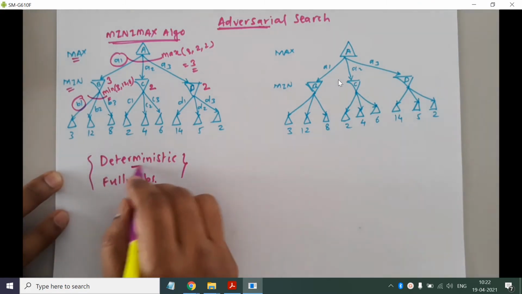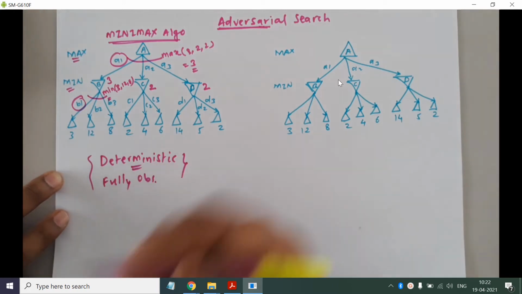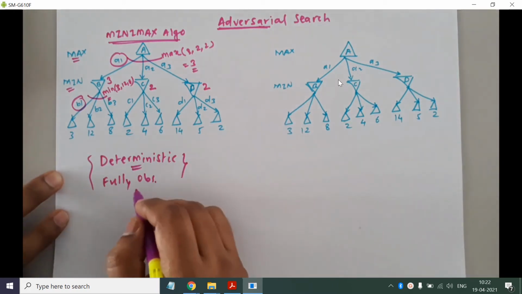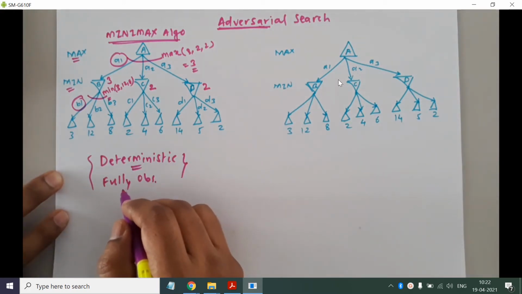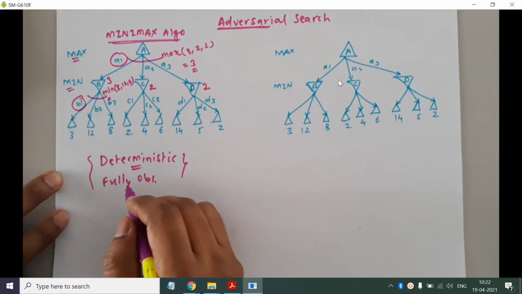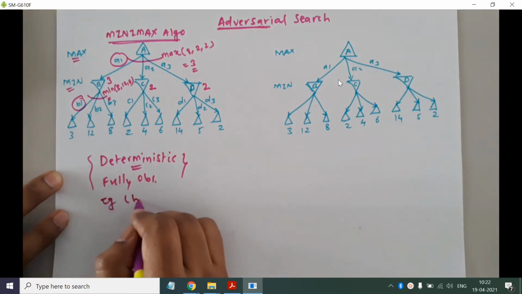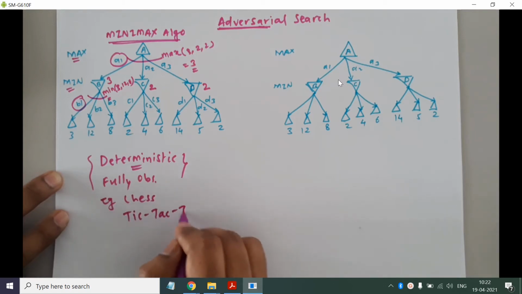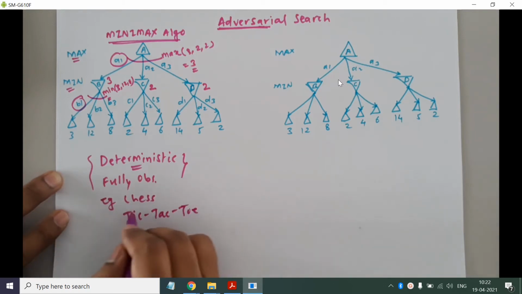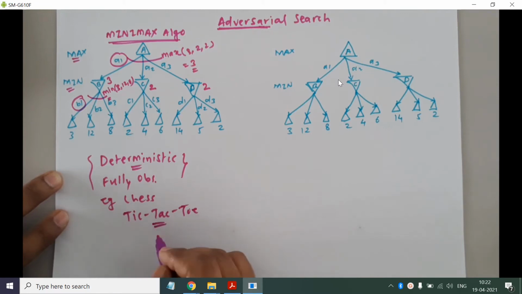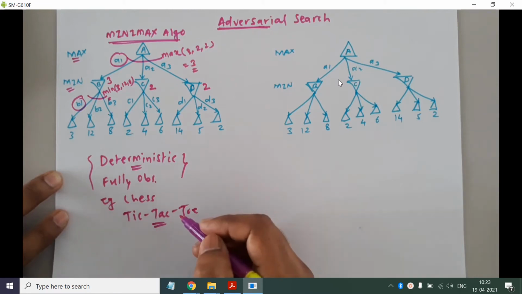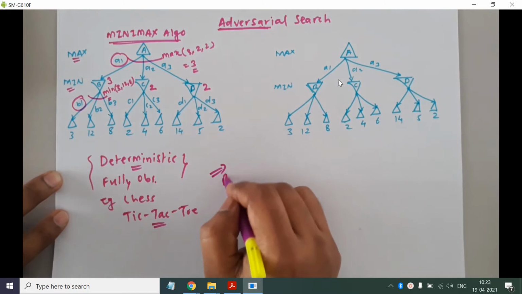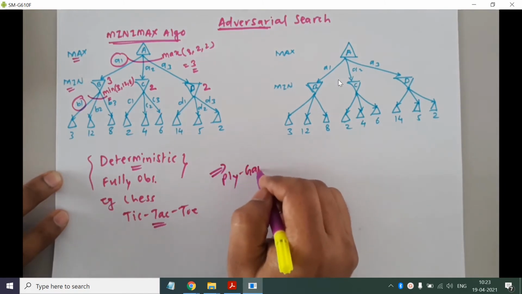Deterministic means what? Based on the current action we can predict the next state, and fully observable means all the moves and all the aspects of the environment are visible. Okay, so for the chess game and for the tic-tac-toe game we have such an environment. Okay, and we have seen the game tree of tic-tac-toe. It becomes very complex, that's why we came up with these ply games. These are imaginary games.